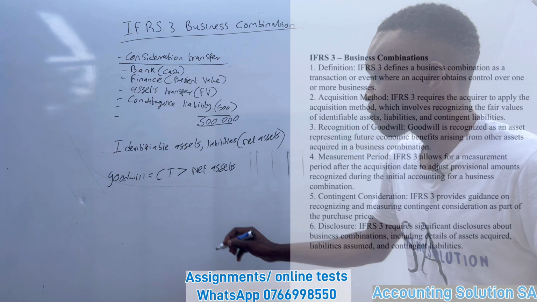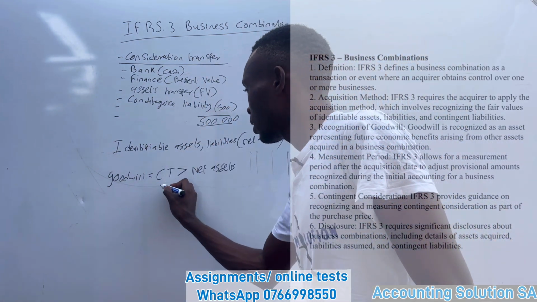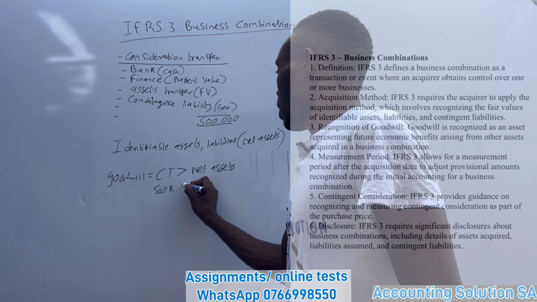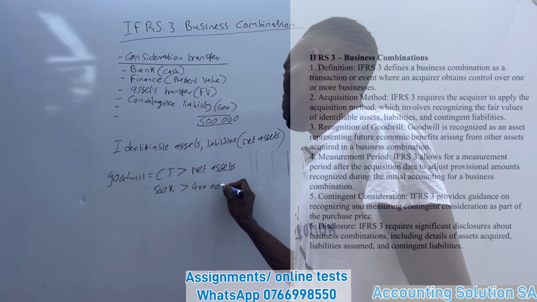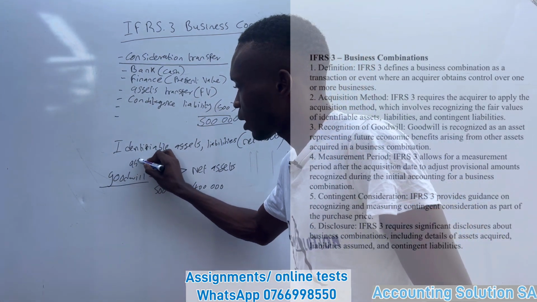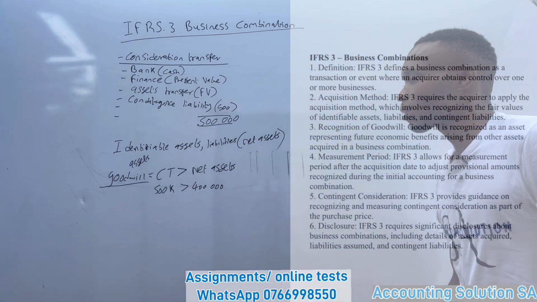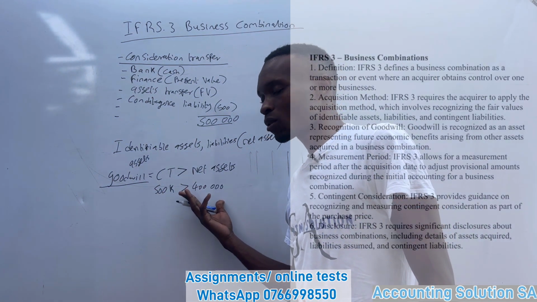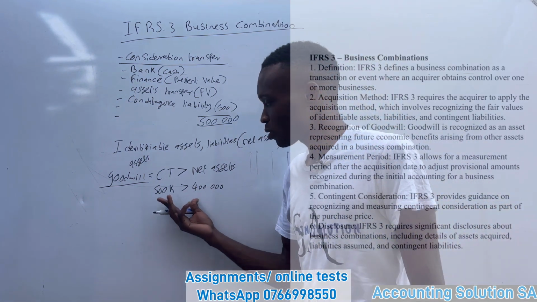In other words, if your consideration transfer, the amount that you paid, is 500,000, and you find that the net asset is 400,000, we call it goodwill, which you are going to recognize as an asset. Okay, in other words, there is a future economic benefit, because you paid more than what the business is worth. The business is worth 400, but you paid 500,000.